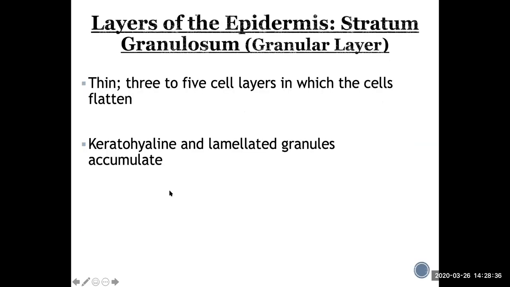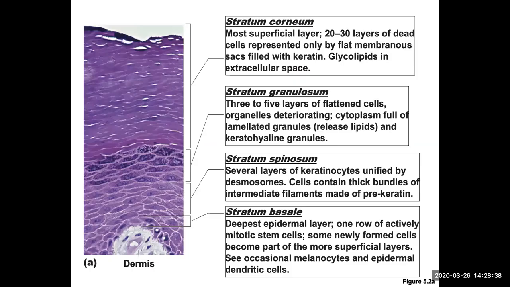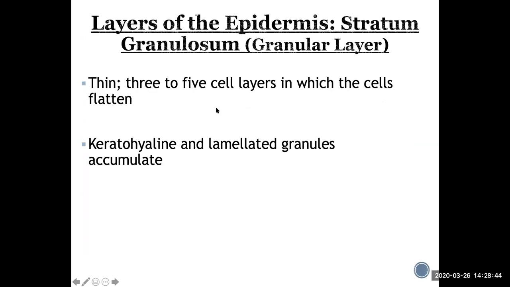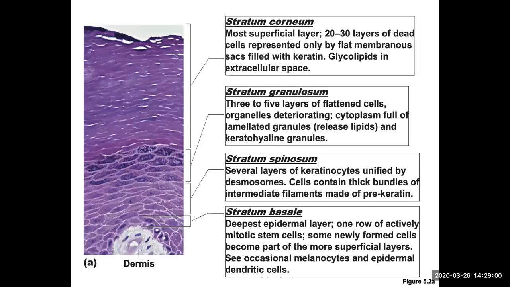Okay, just superficial to the stratum spinosum is the stratum granulosum. So that is going to be here. It is relatively thin, 3 to 5 cell layers thick. The cells are starting to flatten, they're starting to die. The organelles are starting to deteriorate in these cells, which is how it says right here.